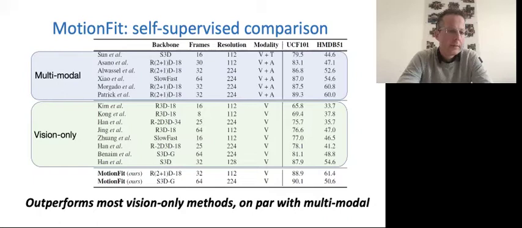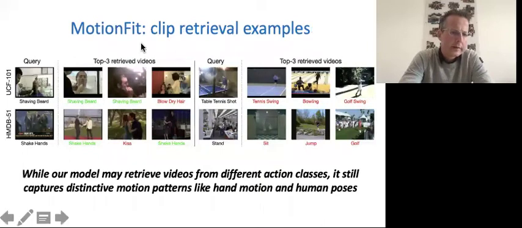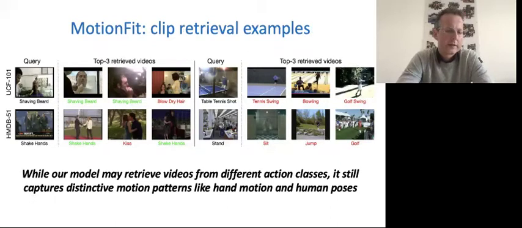We saw the same behavior for clip retrieval as a downstream task. I'm not going to show the table, but I'm going to show you some success and failure cases. Here are the queries, and here are the top 3 retrieved videos. Green indicates we found a correct clip, and red indicates that we found a wrong clip, so essentially a clip that belongs to a different action class.